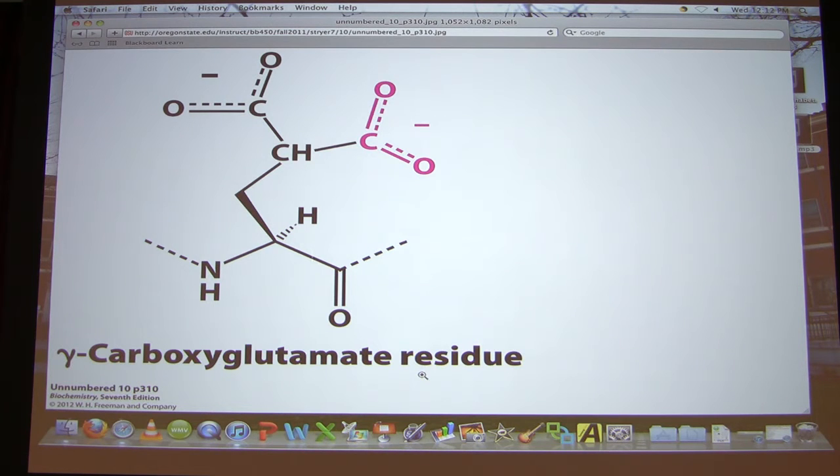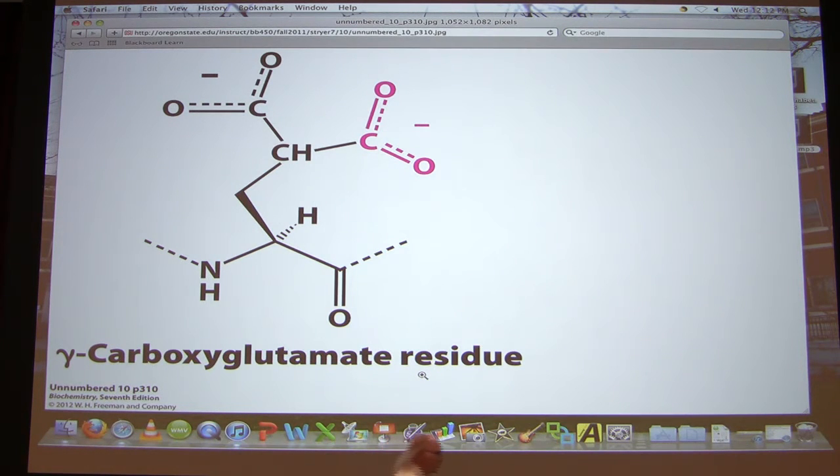Okay? Here's a regular glutamate side chain. Here's the addition of a new carboxyl group on it. So in black, you see the regular side chain of glutamate. And now this one has had an extra carboxyl group added to it. Why is that important?